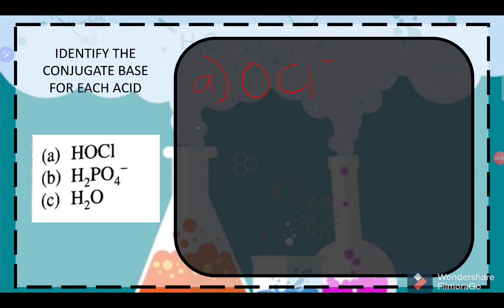Okay? Next, for letter B, as H2PO4 releases one of its hydrogen ions, the resulting conjugate base will become HPO4 with a charge of -2. Okay? So, that will be its conjugate base.